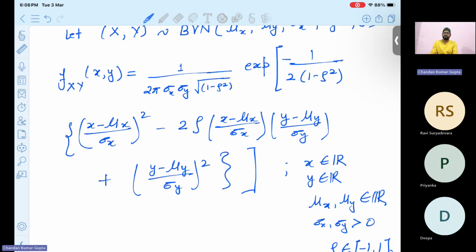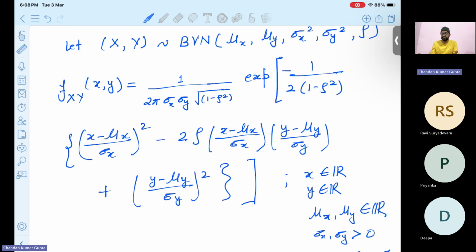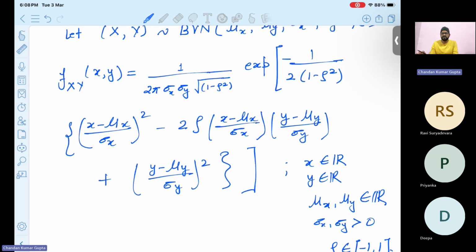So this is the PDF for the bivariate normal distribution. Here mu x and sigma x square are the mean and variance of the random variable X. There are different kinds of properties of the bivariate normal distribution, and we will discuss some of them. So this is the PDF.